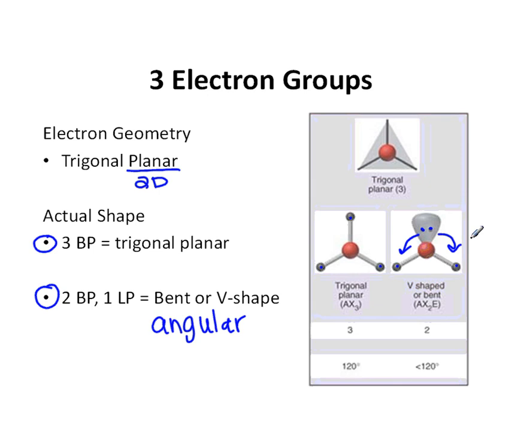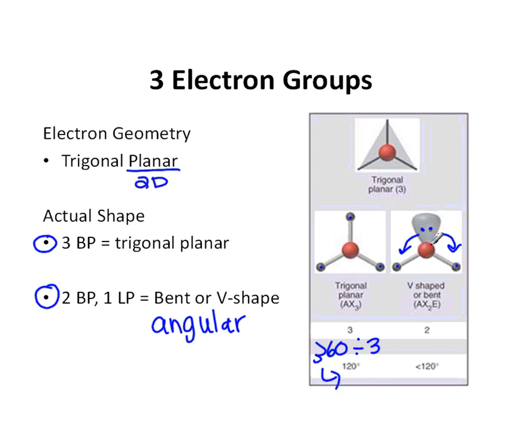Now we're going to take a look at the angles. So listed down here are your two angles. When we look at trigonal planar, you've got 360 degrees around in a circle. 360 divided by 3, that's where you're going to get your 120.